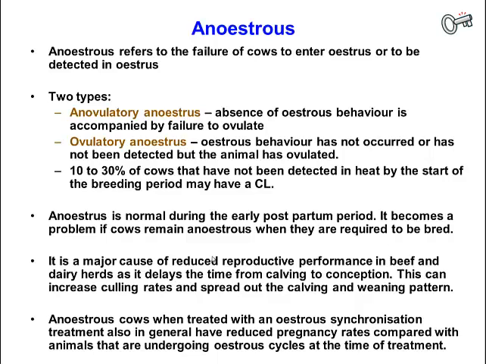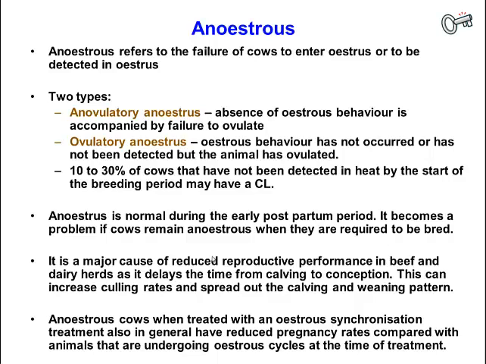It's a major cause of reduced reproductive performance in both beef and dairy herds, as it delays the time from calving to when the cows conceive again, to when they get pregnant. What happens is usually most farms will have a limited breeding period, so at the end of that period, a lot of the cows that were anestrus at the start of the breeding period, by the time they start cycling, they'll have a shorter interval in which to get pregnant.